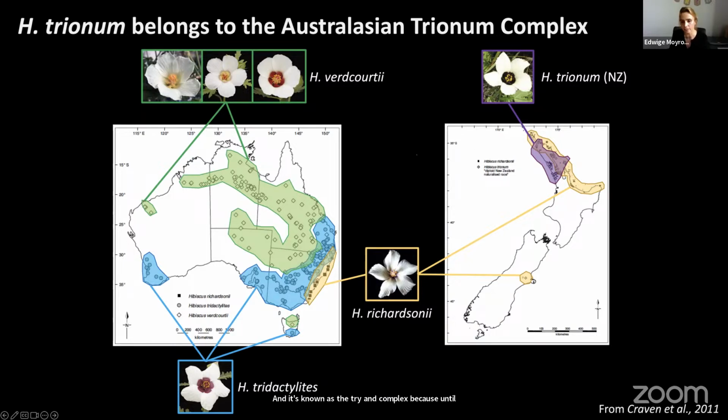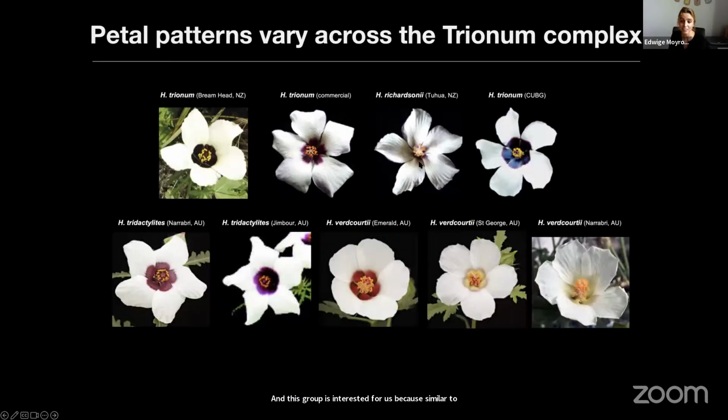And this group is interesting for us because, similar to what Yao explained with his really nice Mimulus work, there is some interesting pattern variation between species, but also between populations of the same species. So for instance, there is change in pigmentation, but also loss of the bullseye or reduction in bullseye size. In some accessions, it's the boundary that stands out because that's the only part of the petal that seems to retain pigmentation.